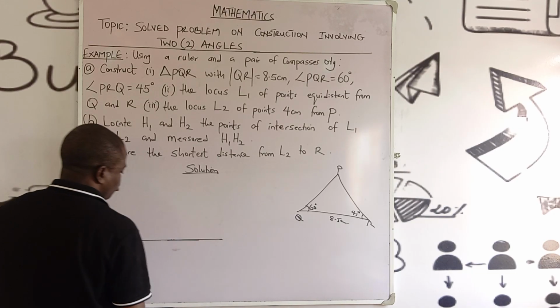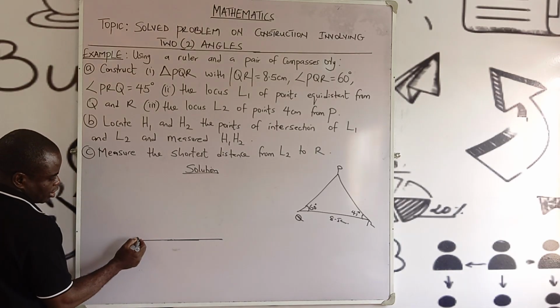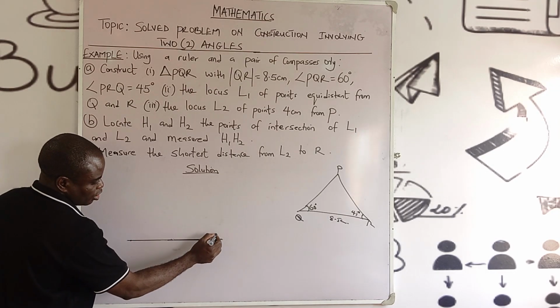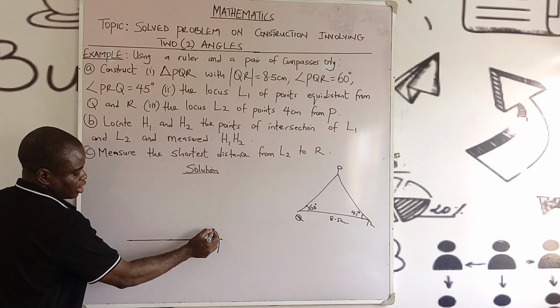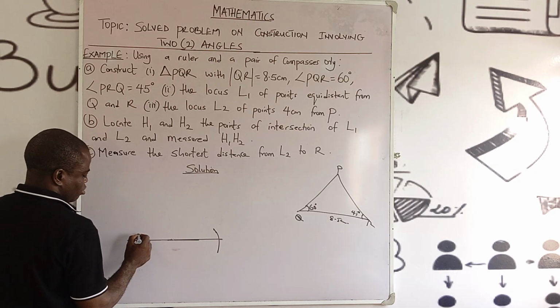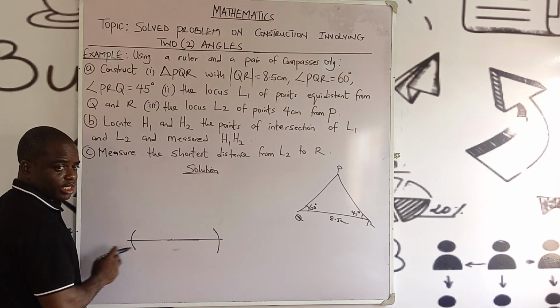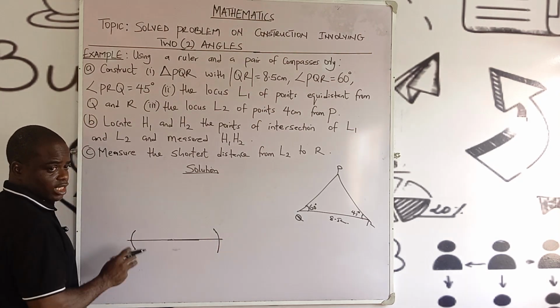You have measured 8.5 now. You now put your compass, the one that has the pin, at this point. You mark it, make an arc, you bisect; put it at this point, you bisect likewise. Okay, the line formerly is longer. You created the line that is longer than 8.5.